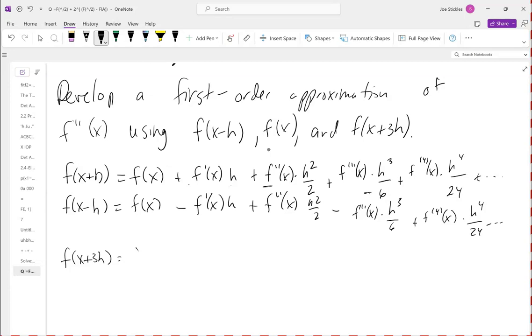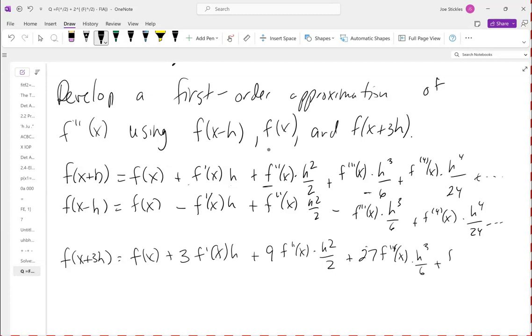All right, so this will be f of x plus 3 f prime of x times h plus 9 f double prime of x times h squared over 2. This will be 27 f triple prime of x, sorry, times h cubed over 6.